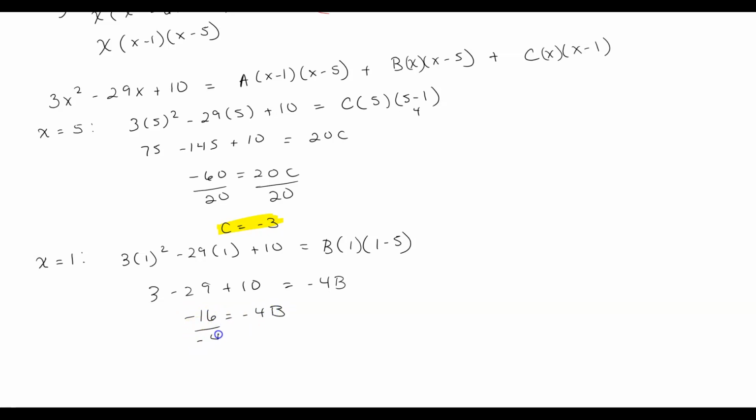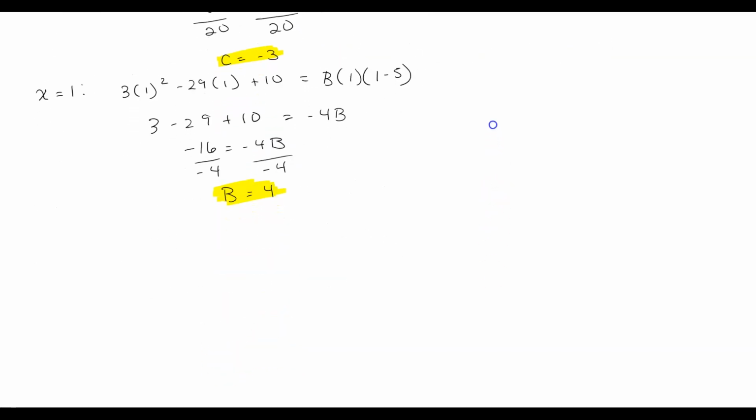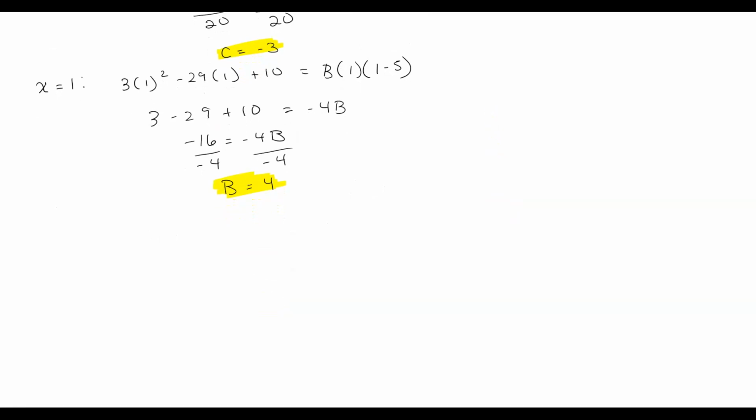So we divide both sides by negative 4, and we say that b equals a positive 4. Very good. We're almost done, well, we're almost ready to integrate, I should say. But the integral is probably the easiest part.